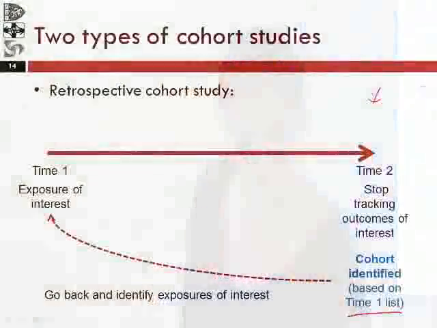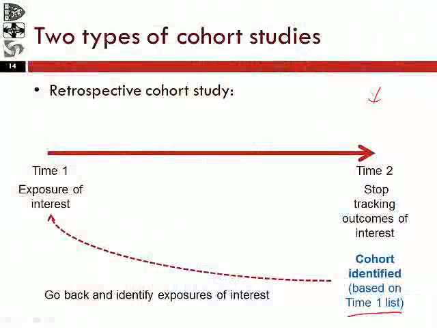Or I look in the register from a year ago and find women who came to deliver at the hospital. Or I look at the register from a year ago and I find people who came for social supports. I find them from a list from 1 year ago. I go to their files and I measure the different exposures of interest. I take down the data from a year ago and then I look and I see how they are doing today.